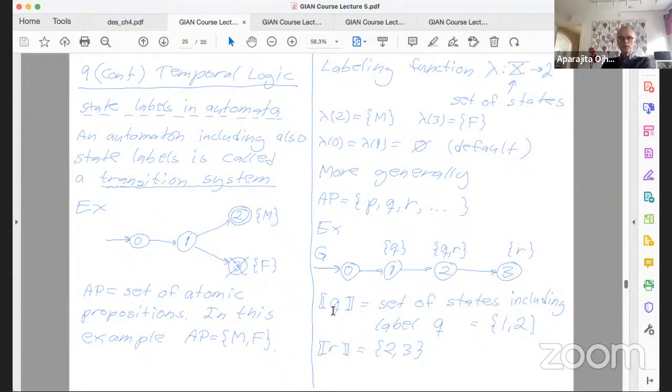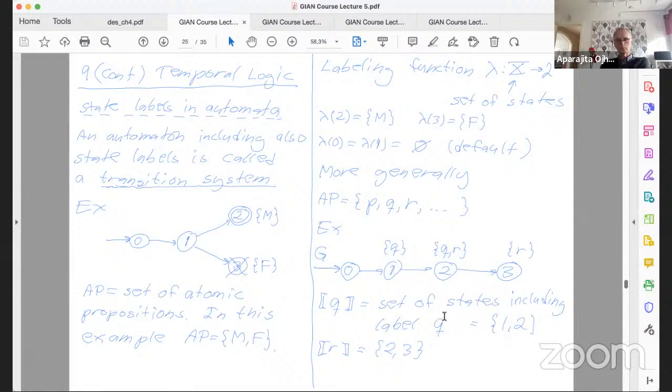Now we use a specific notation here, saying that this type of special brackets, double brackets, around a state label defines the set of states including label Q. So which states include the label Q as state label?